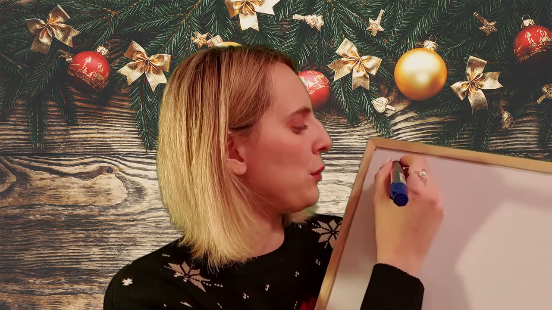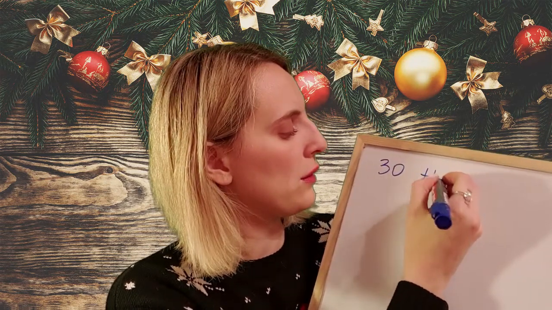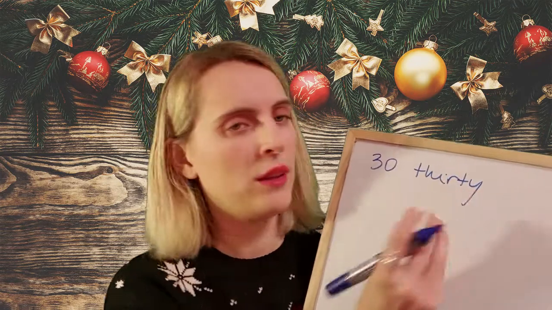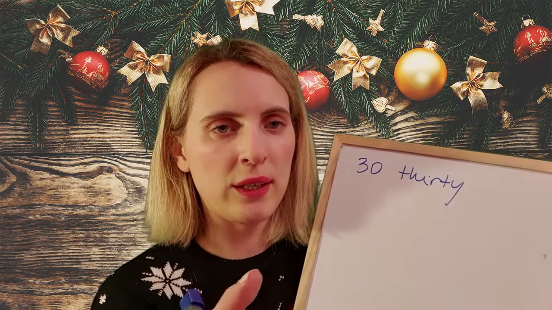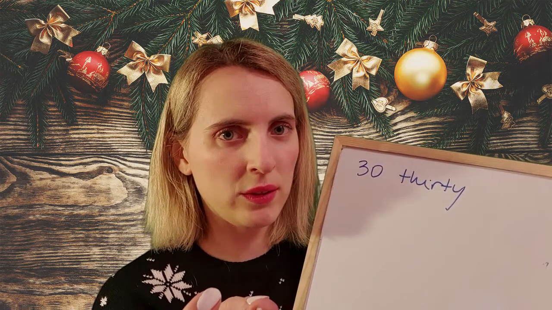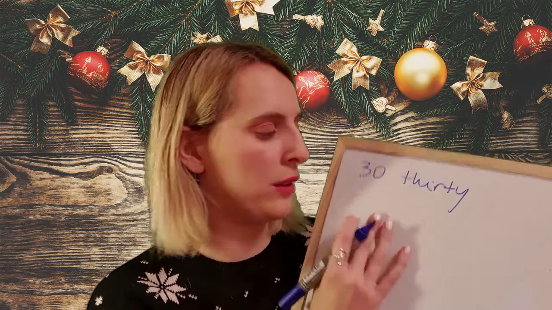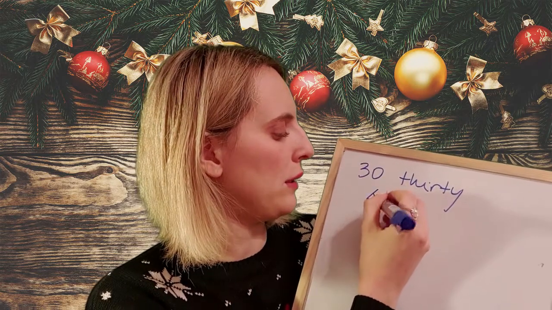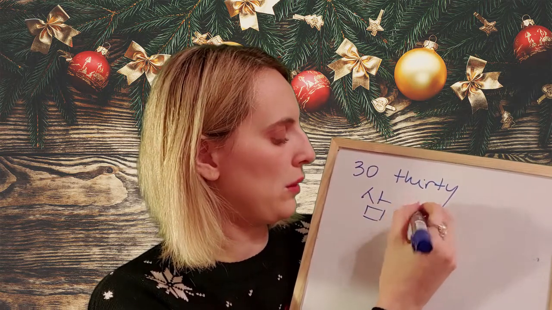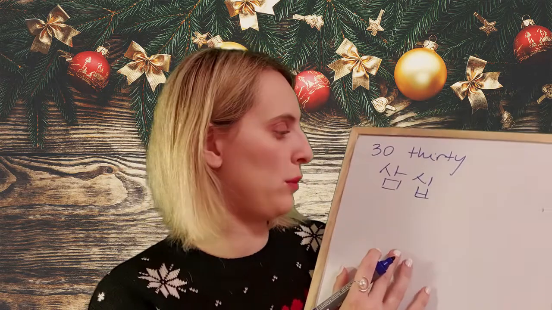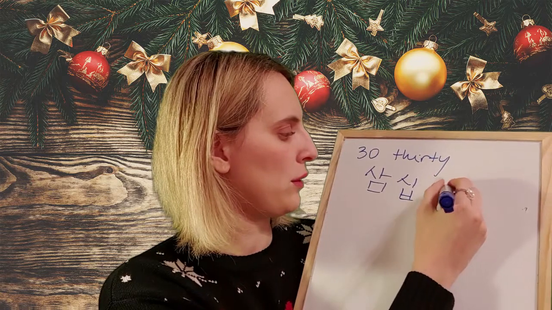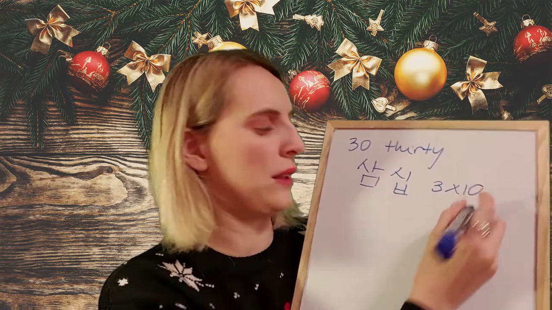So now, how would 30 be? We have 20, and it was E ship, right? And 30 would be sam ship. Sam ship. So 30 is sam ship, 3 times 10.